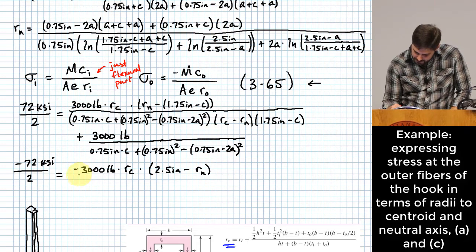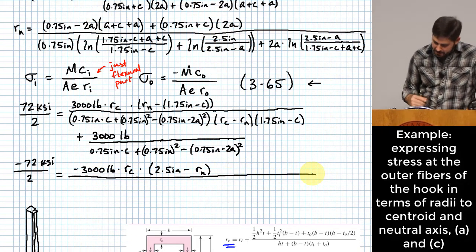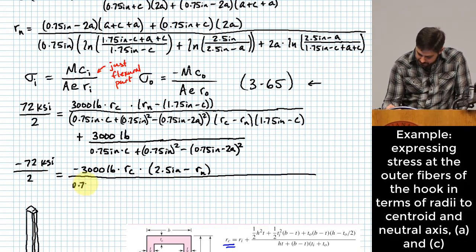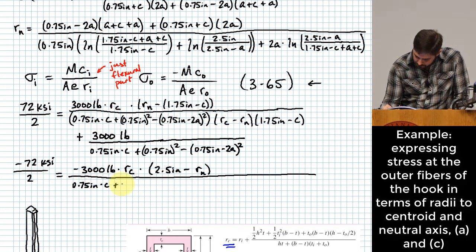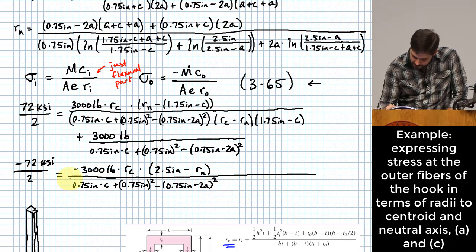All right, and then this all gets divided by, I'll write out this area term again, 0.75 inches times C plus 0.75 inches squared minus 0.75 inches minus 2a, all of that squared.